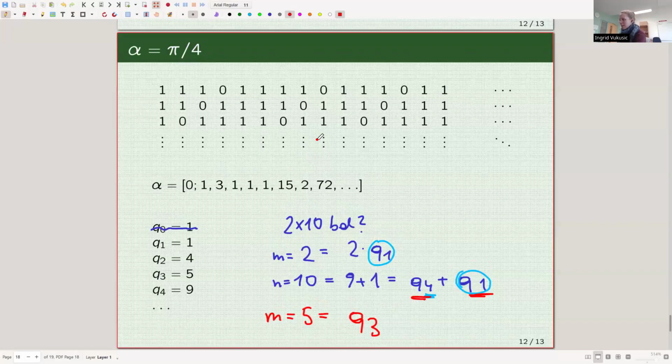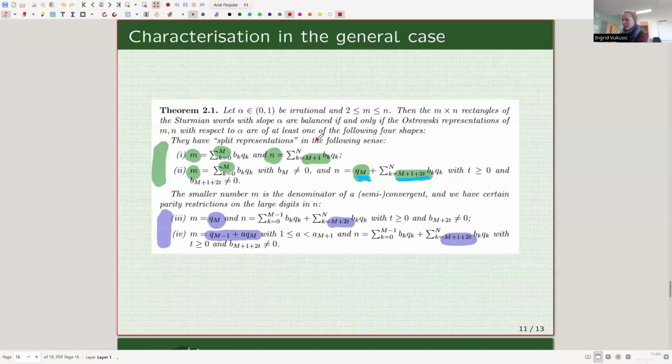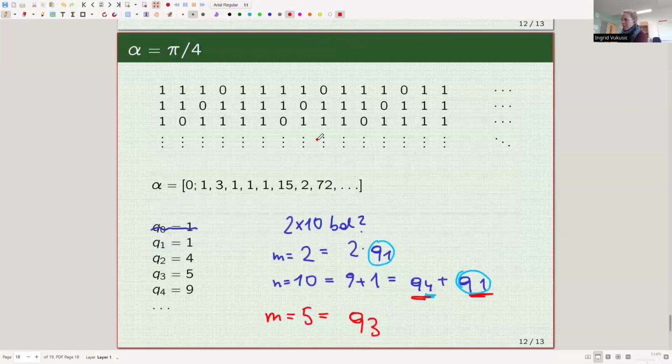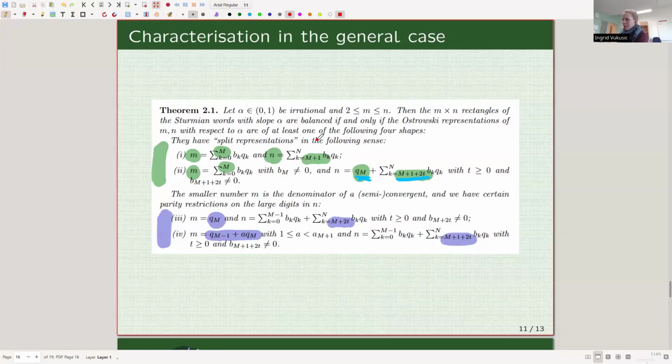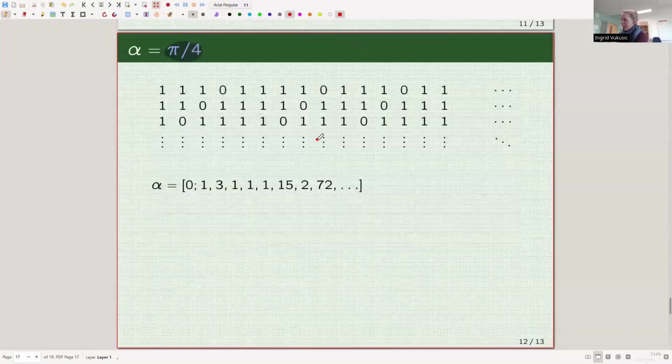This is the case where M is a convergent, right? M is Q3, okay? M is a convergent. So now we need to check whether the larger digit in N has the same parity as the M.